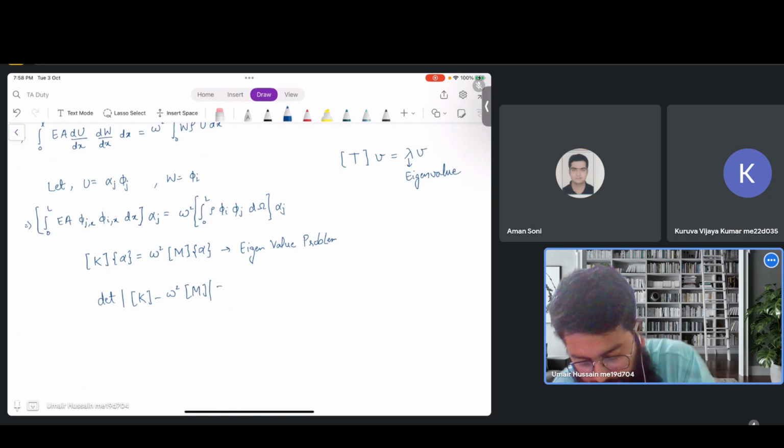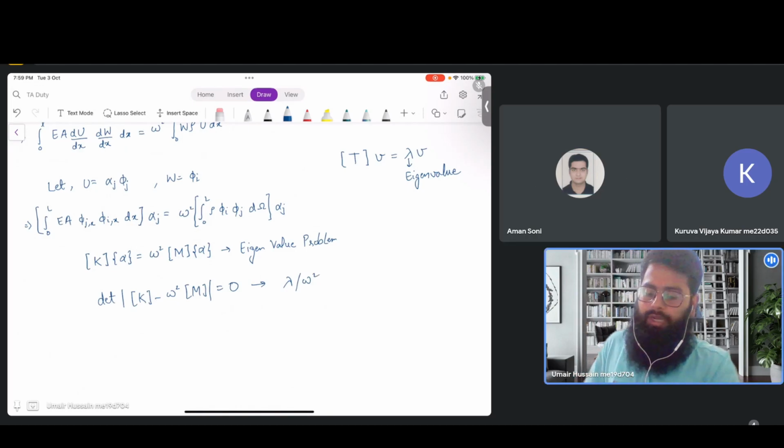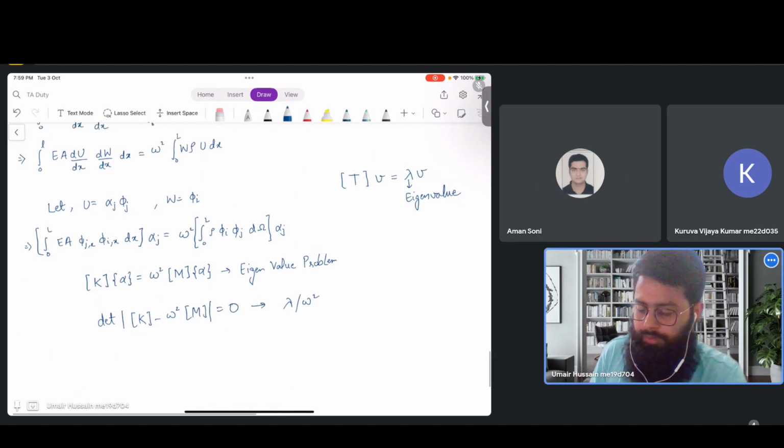This will give us equals 0. So solving this will give us our omega square, or we can say lambda. This way we can find the eigenvalue for the given system.